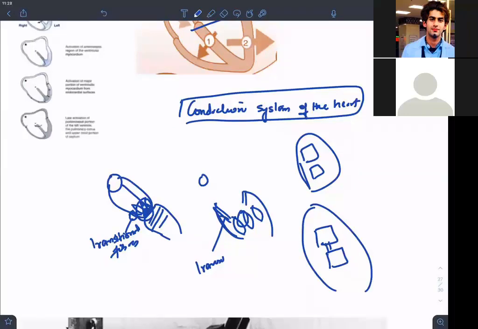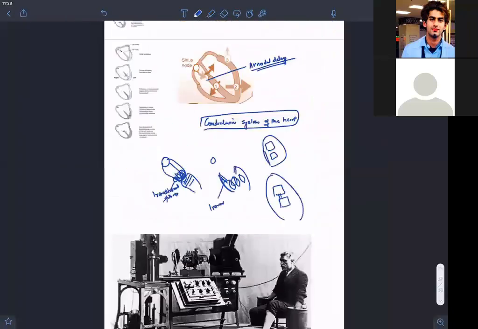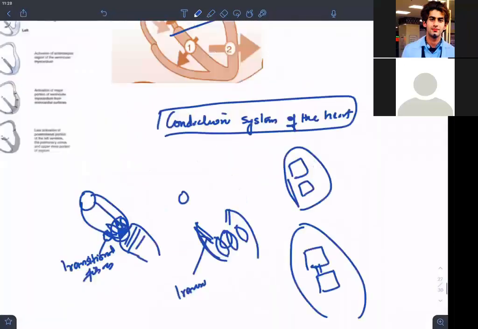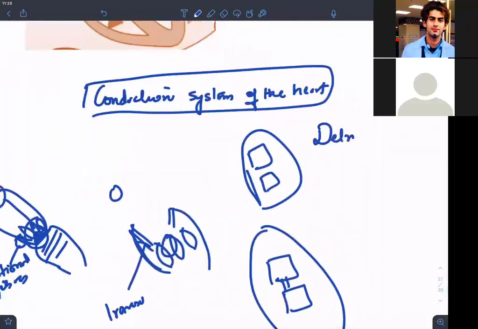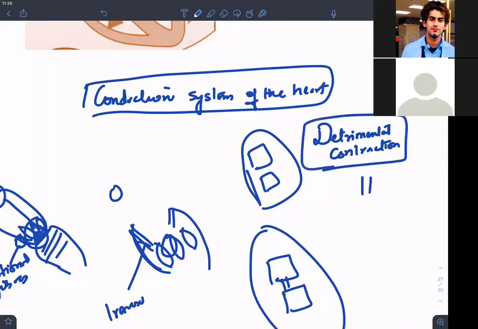What is decremental conduction? The ability of the AV node to block the rapid impulse is called decremental conduction. So, blocking the rapid impulse by the AV node.